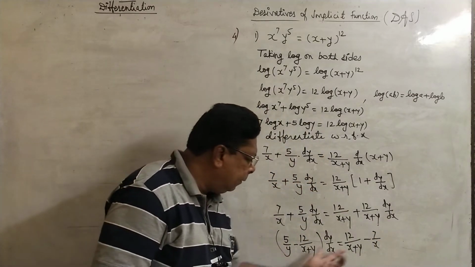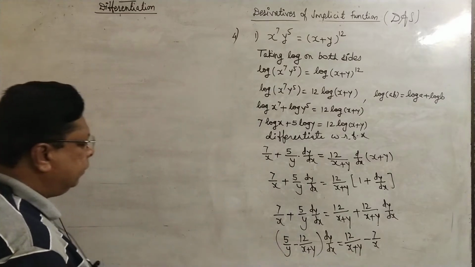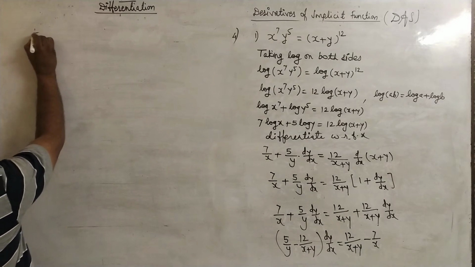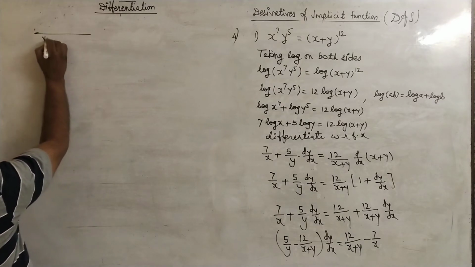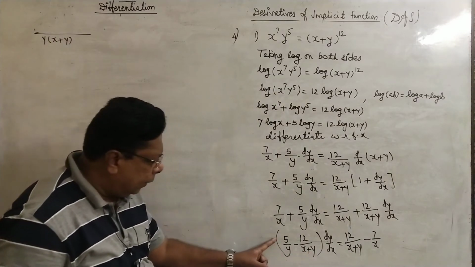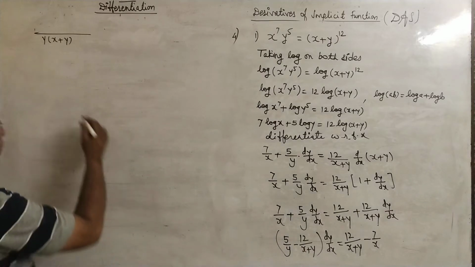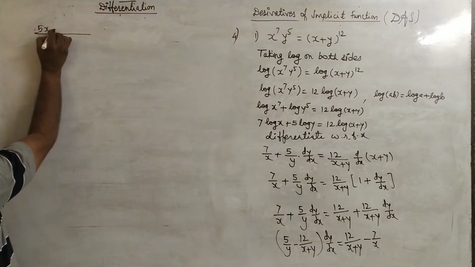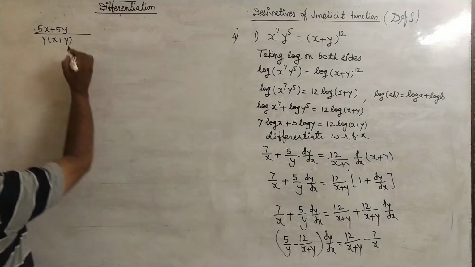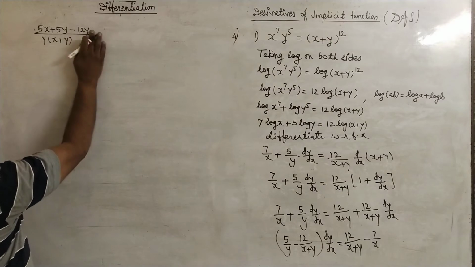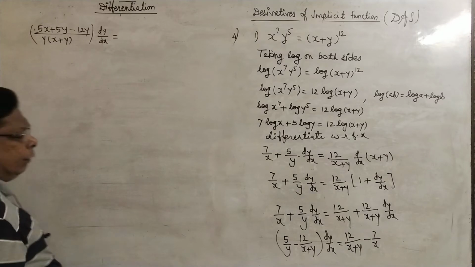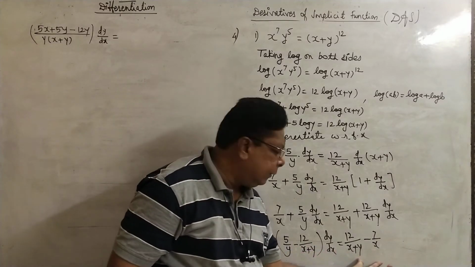Now here take LCM. Here also take LCM. What is the LCM? LCM is y into x plus y. Now take cross multiplication. 5 into x plus y, 5x plus 5y, y into minus 12, that is minus 12y, into dy by dx is equal to, here also you have to take the LCM.